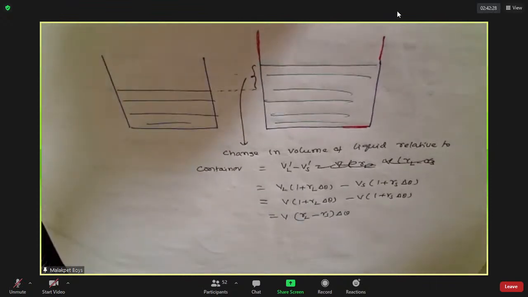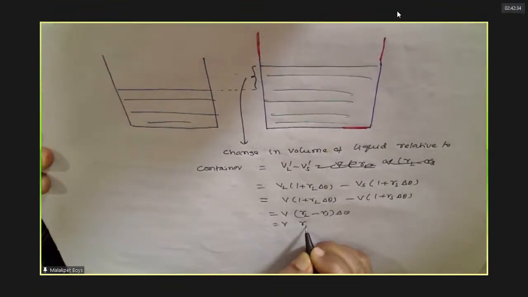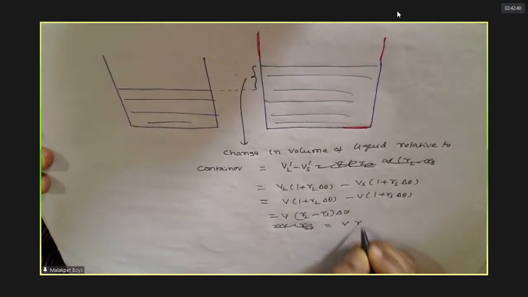Understood this? Clear? Clear, sir. See, this is gamma of liquid with respect to the vessel, no? So this is what you call gamma apparent.